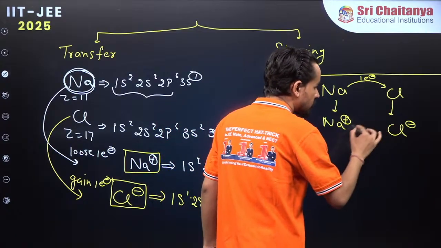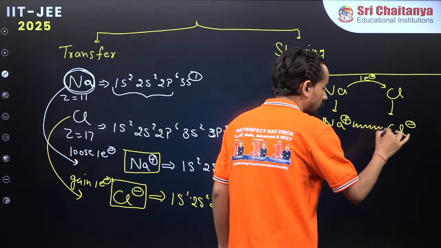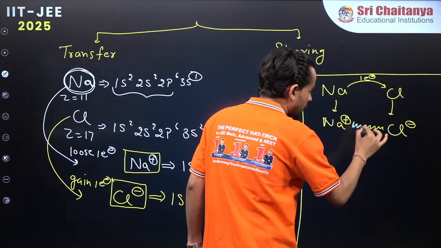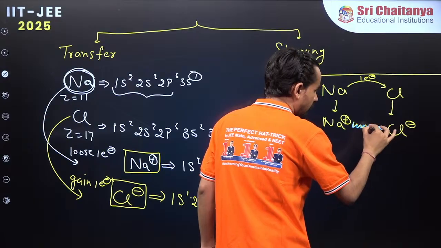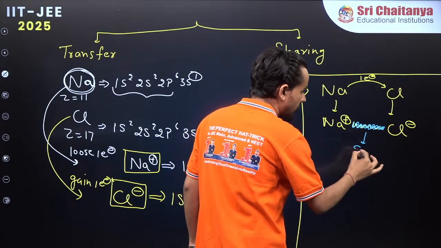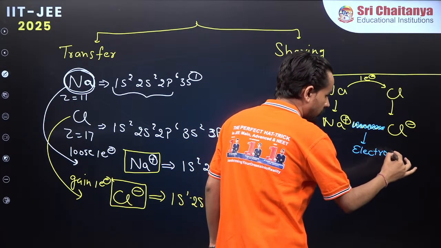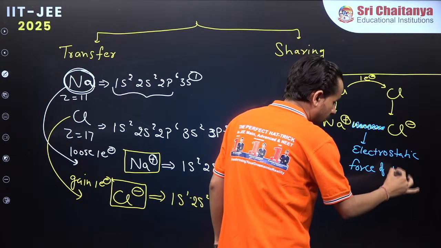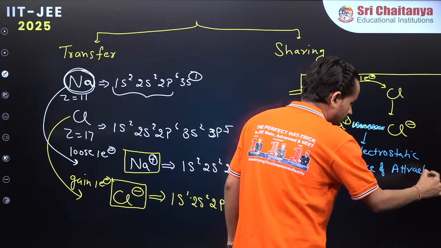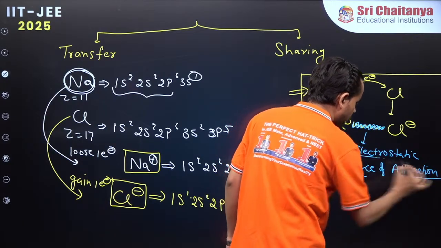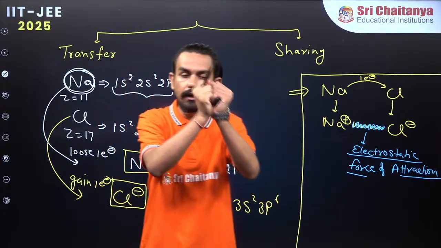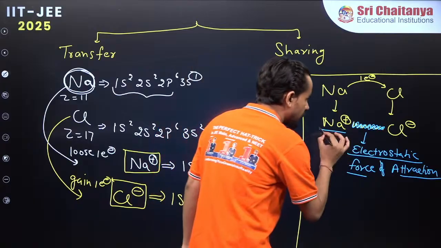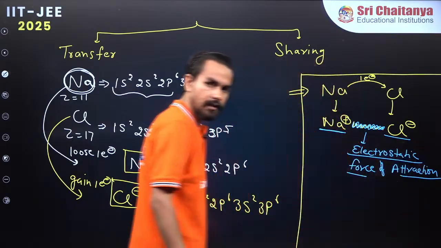Because now they have opposite charges, and opposite charges attract each other by a force known as electrostatic force of attraction, which lies between this Na plus and this Cl minus.